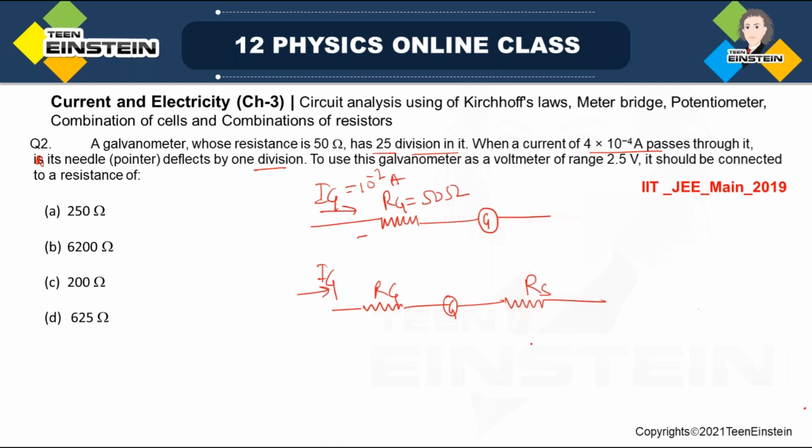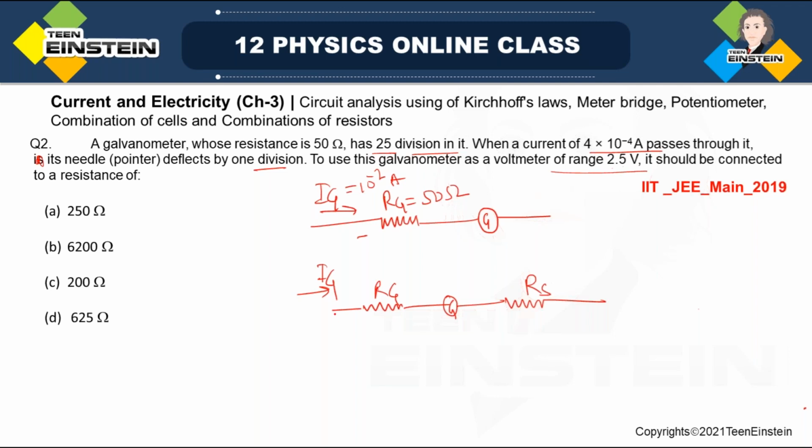In this problem, we want to use the galvanometer as a voltmeter of range 2.5 volt, so it should be connected to a resistance.